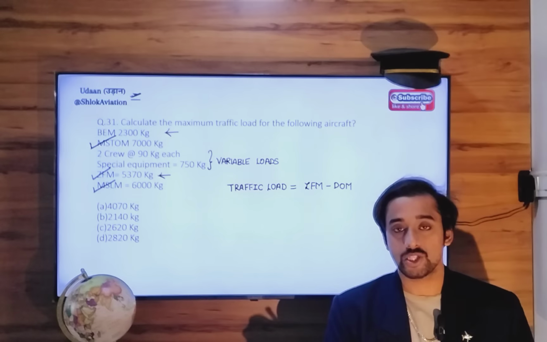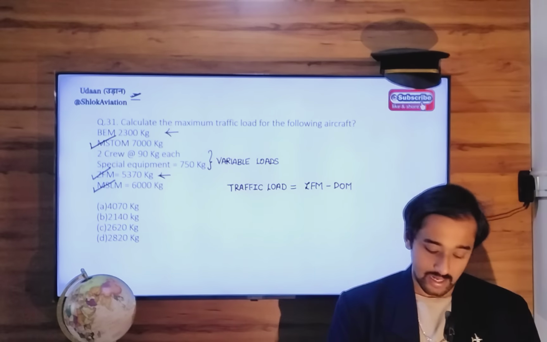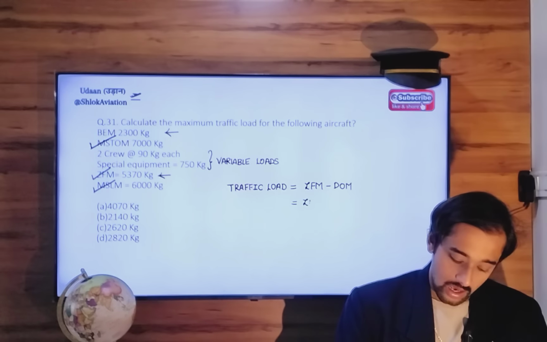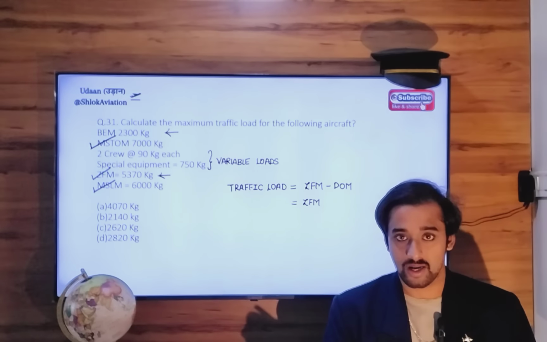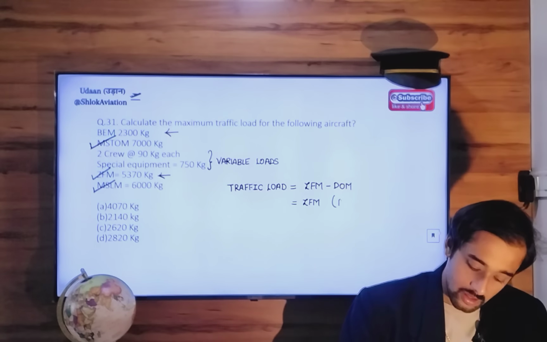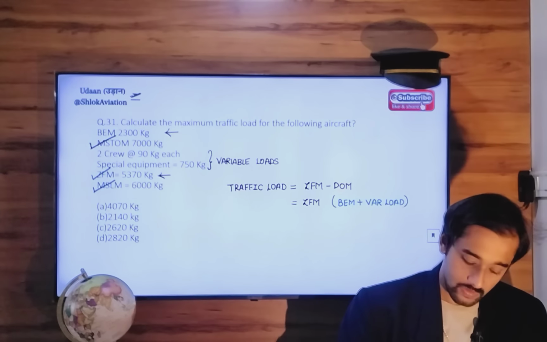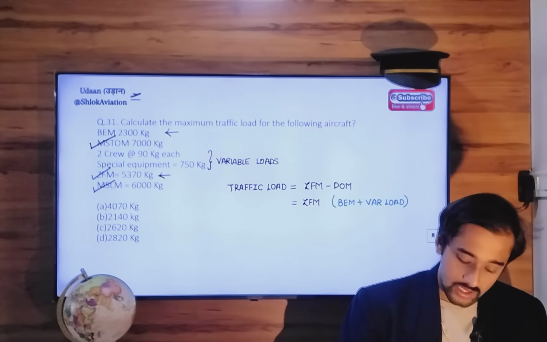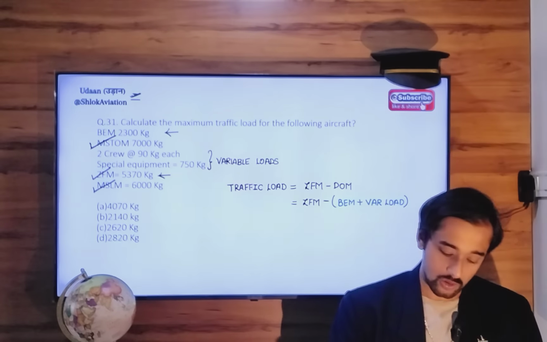In this particular question, dry operating mass value is not given directly to you, but they have given us the masses of variable load and basic empty mass. Now, basic empty mass plus variable load is nothing but your dry operating mass or DOM, correct? So instead of DOM, I am writing these two values, basic empty mass plus variable loads.